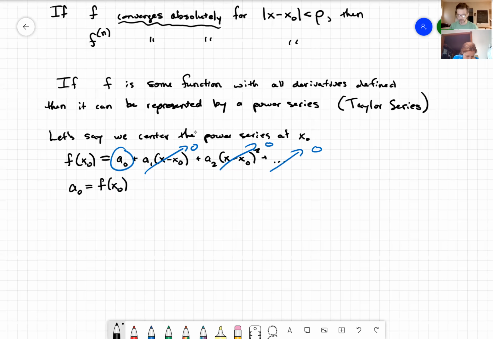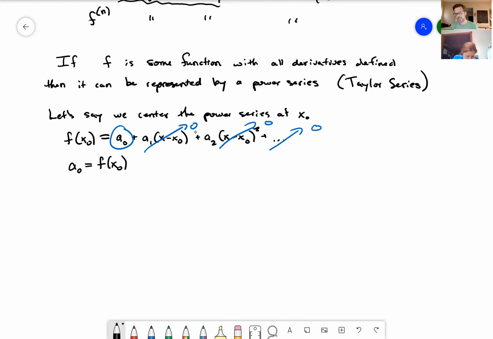Now, because we said its derivative was defined, we can determine the value of its derivative at the center. And so f prime of x0 would be equal to, now when we take the derivative, the a0 goes away. The derivative will be a1 plus something times x minus x0 squared plus something, x minus x0 cubed, and so on. We know what that something is, but you don't need to bother writing it out.